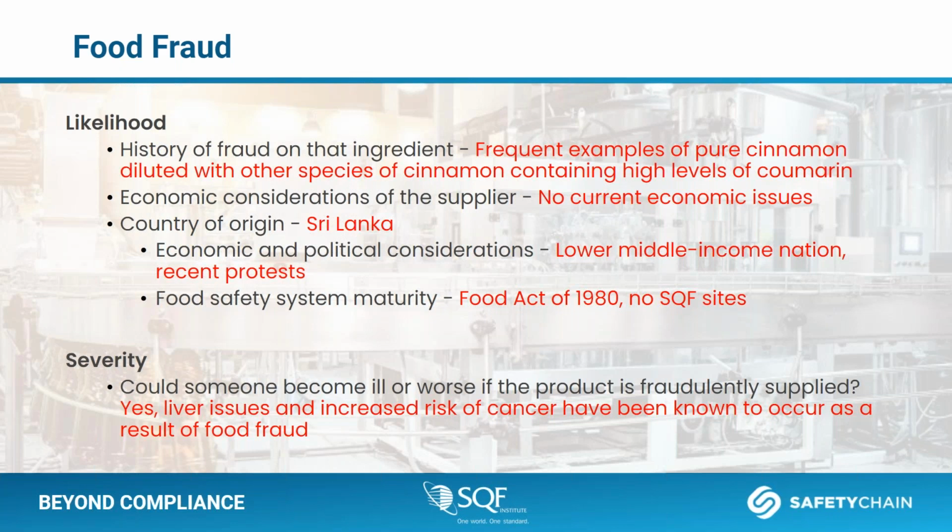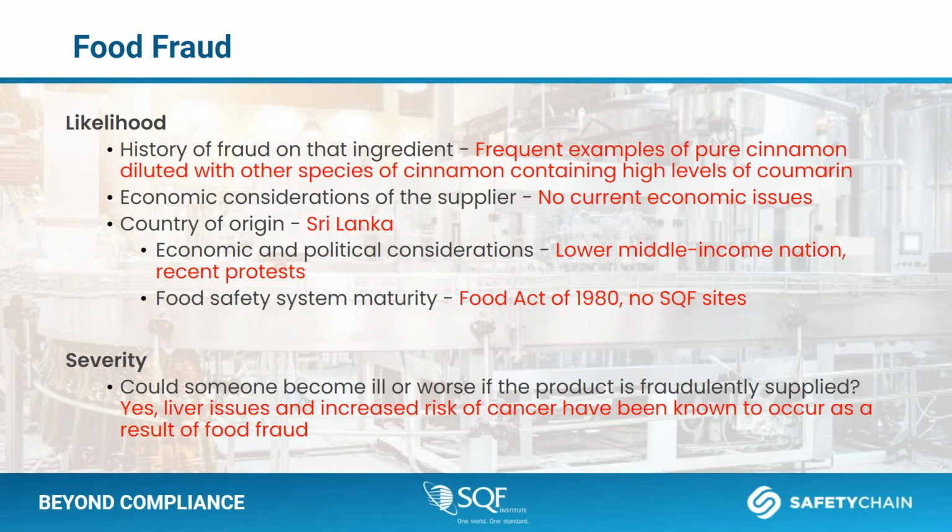And then country of origin. In my example today, I'm getting my cinnamon from Sri Lanka. I learned as I was doing my research that pure cinnamon comes from Sri Lanka. So if you're purchasing your cinnamon from another company or another country, you need to find out the origin where that cinnamon is coming from.